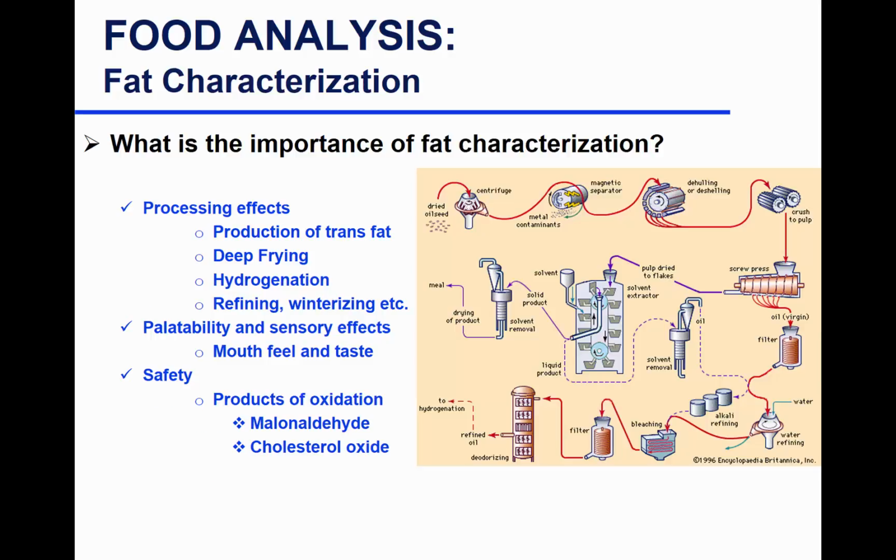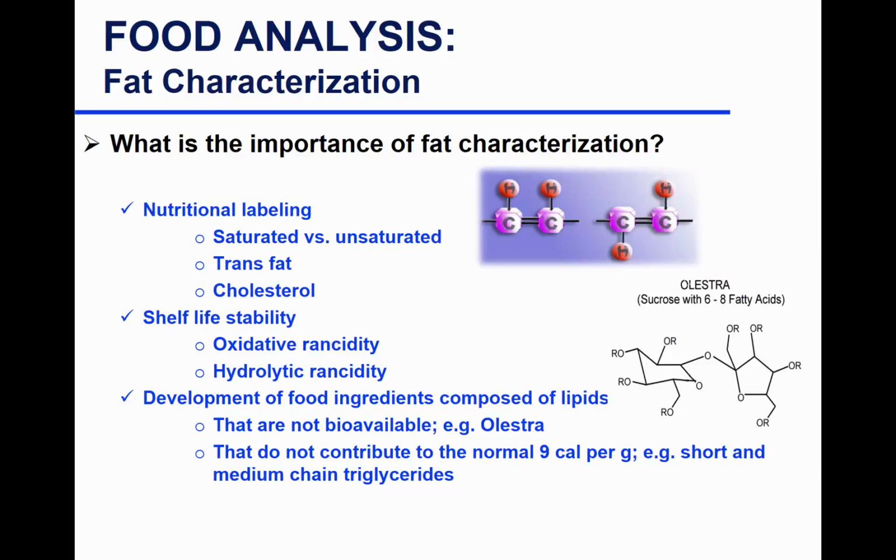Malonaldehyde and cholesterol oxide are mutagenic, carcinogenic. We talked about nutrition labeling: saturated, unsaturated, trans fat. Of course, cholesterol is another important component. We talked about shelf life. And then also the development of food ingredients composed of lipid.